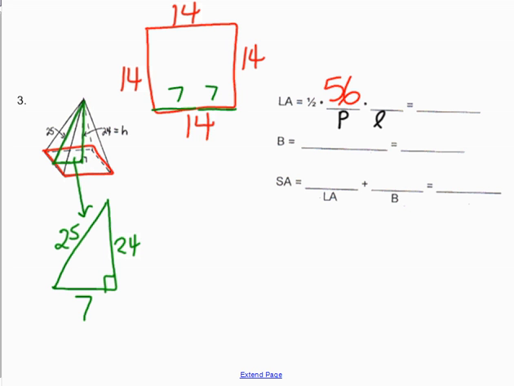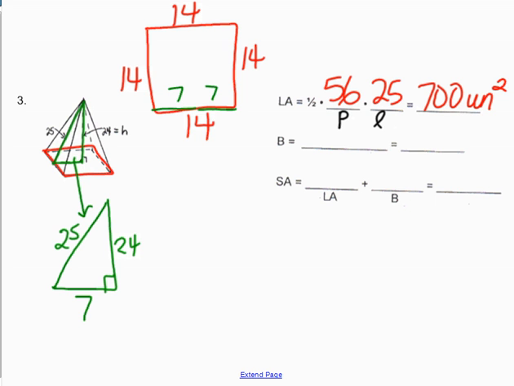What's the slant height? Oh, it's right here. They gave it to us. It's 25. So when we do that, we end up with 700, no, that seems really high. No, that's right. 700 units squared.